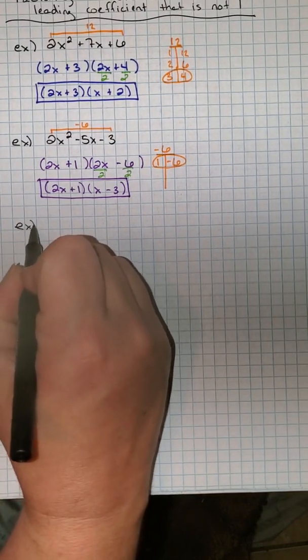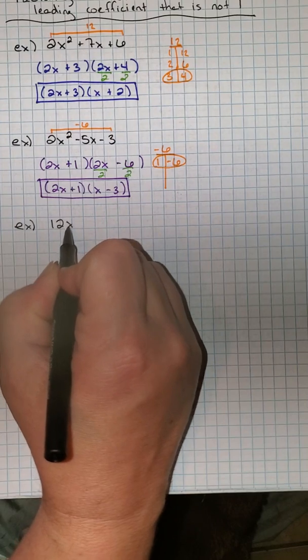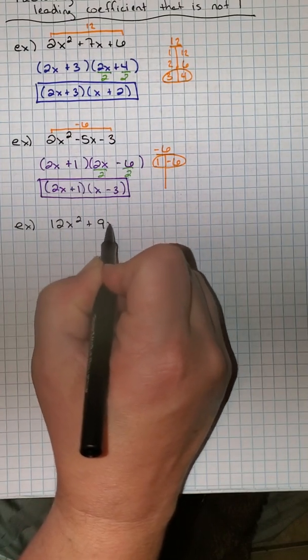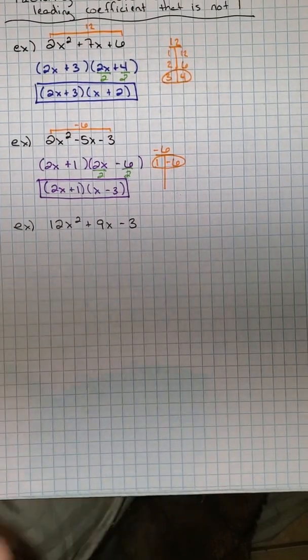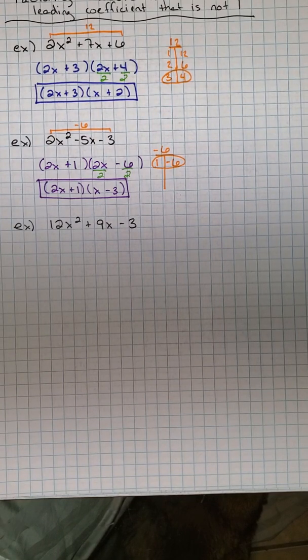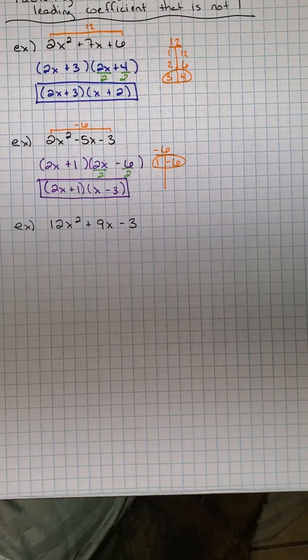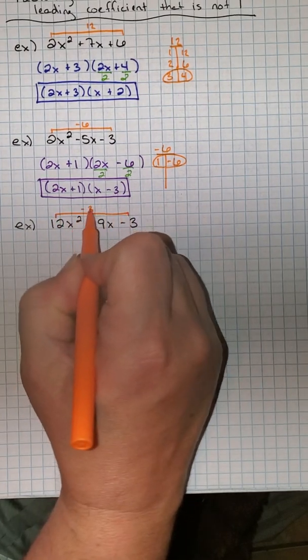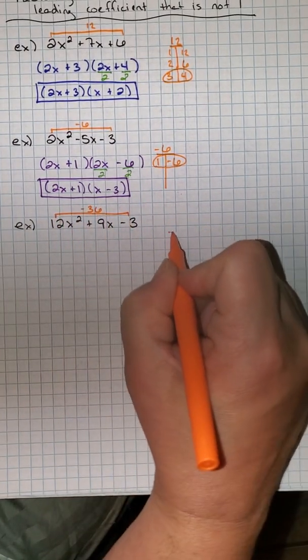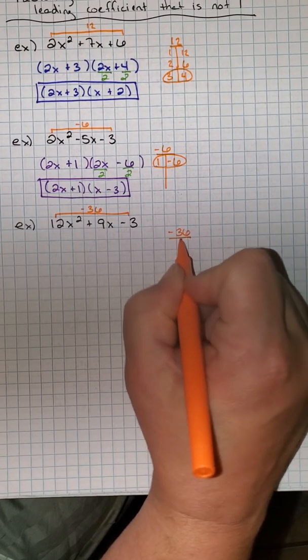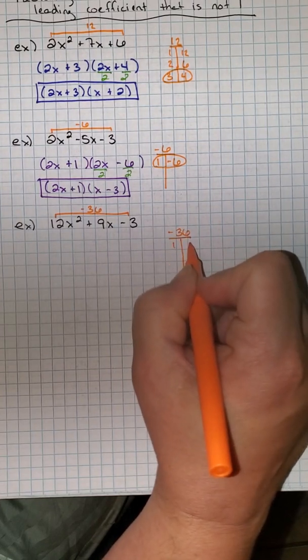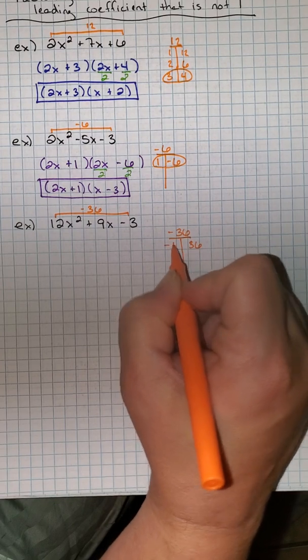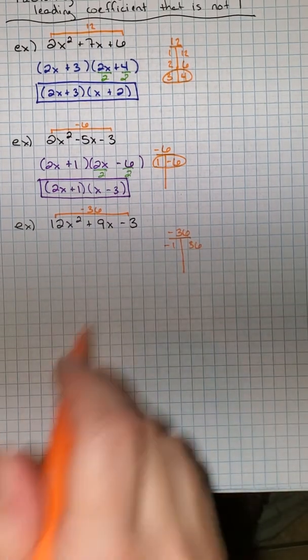Third example. 12x squared plus 9x minus 3. For this one, multiplying the 12 and the negative 3, you get negative 36. So we need two numbers that multiply to negative 36 but add to 9. 1 and 36, something's got to be negative, so it'd be the smaller.